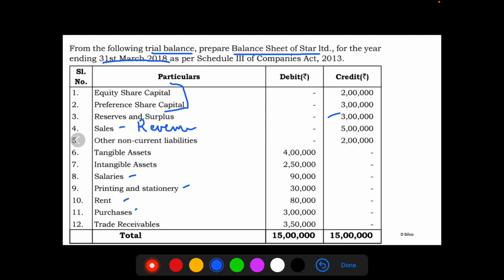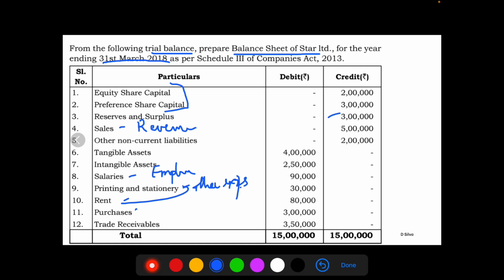So what are the expenses? Salaries are being treated as employee benefit expenses. Printing and stationery along with rent, both are treated as other expenses. And then we have purchases, what we call it as stock in trade.